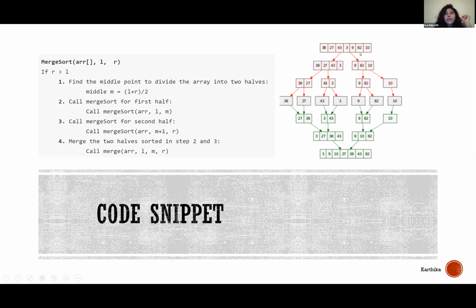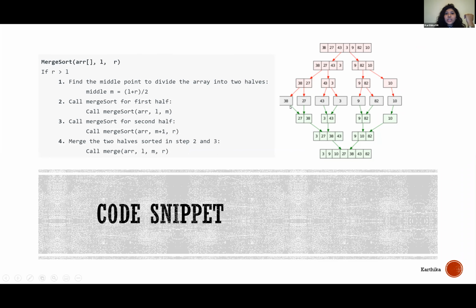It will take the midpoint, divide the array into 2 based on the midpoint, and keep on dividing the array into 2 halves until it reaches a single element or there are no elements in the array at all. This portion here is the stopping point where it stops dividing. That recursive call is stopped, and then it will start merging. It will start calling the merging function.